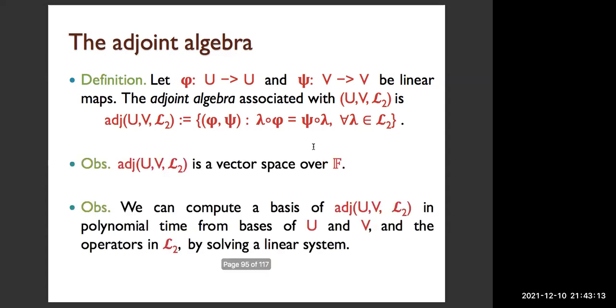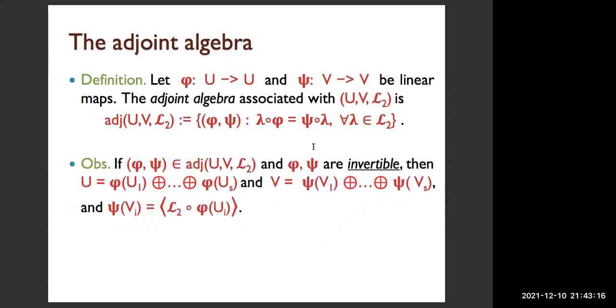The interesting part is that this adjoint, phi and chi, gives rise to several other decompositions, potentially, of U. In fact, one can show that U also decomposes as phi U1 to phi US, chi V1 to chi VS, and that also is a valid decomposition because L2 operating on phi UI will take you to chi VI, right?